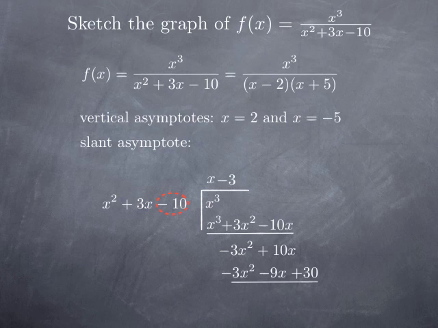Again, subtracting what I just obtained from the line negative 3x squared plus 10x, the x squared cancel. Then I have 10x minus negative 9x gives me 19x, and 0 minus 30, negative 30. In any case, the slant asymptote has equation y equal x minus 3.